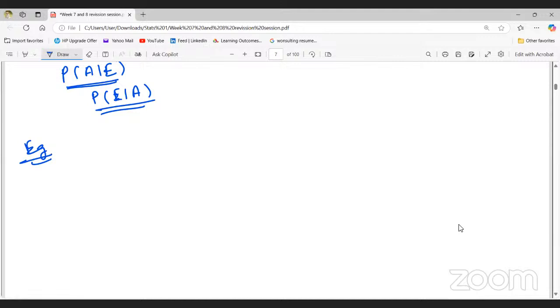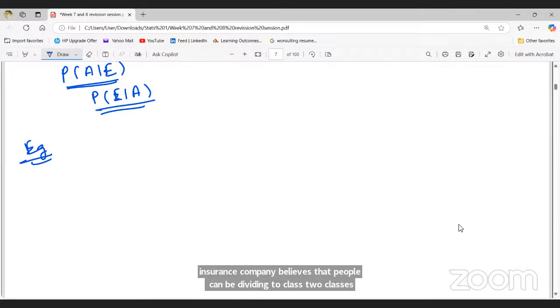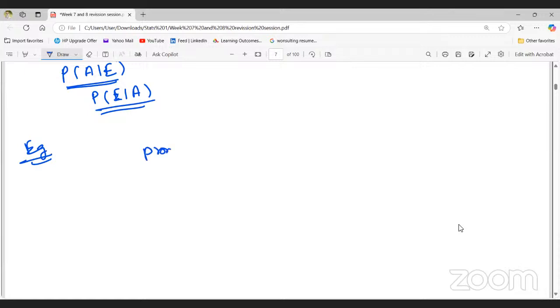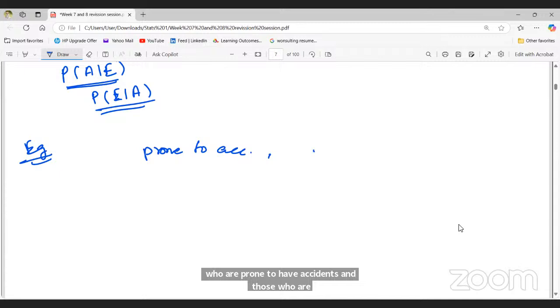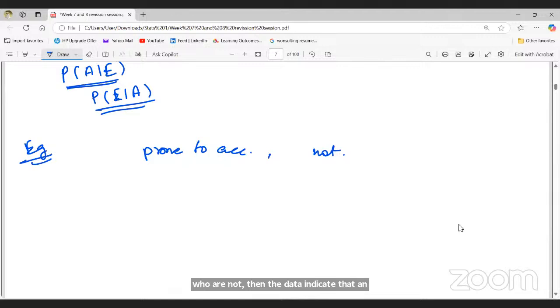Okay, I will read out the question. An insurance company believes that people can be divided into two classes, those who are prone to have accidents and those who are not. Okay, there are two types: those who are prone to accidents, and those who are not. Then the data indicate that an accident prone person will have an accident in a 1 year period with probability 0.1.